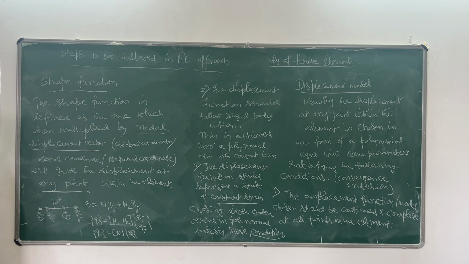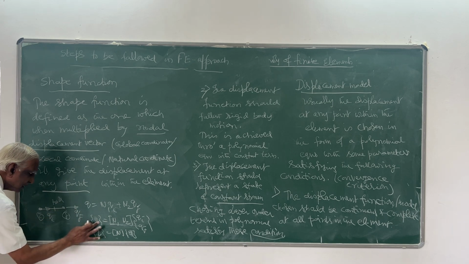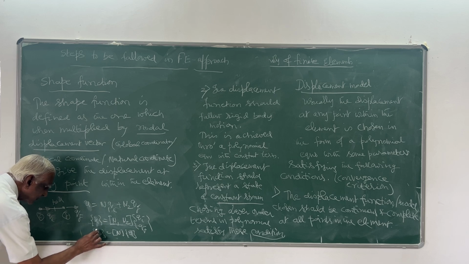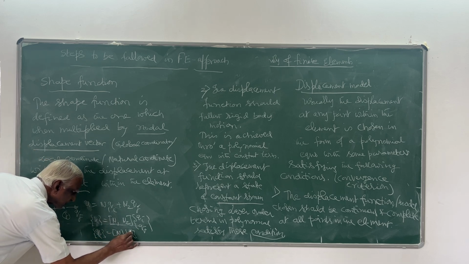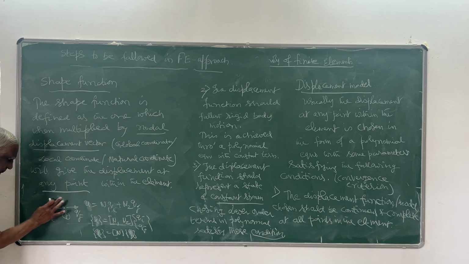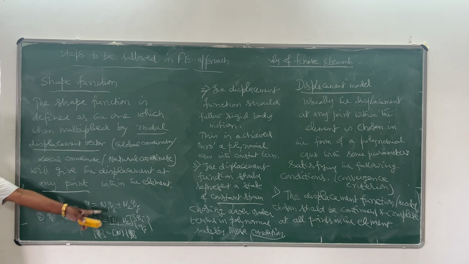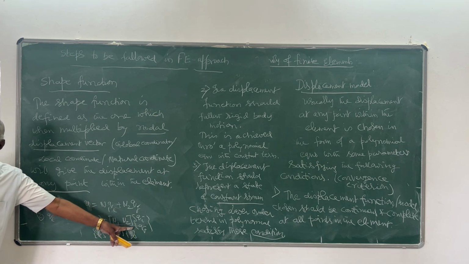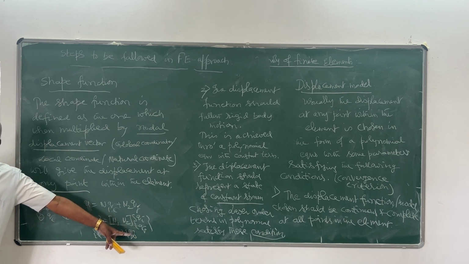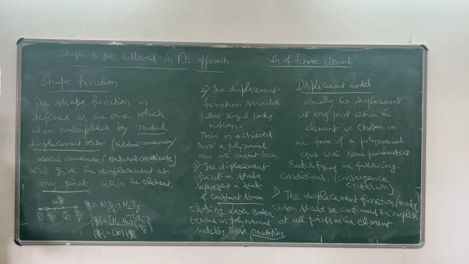At any point, this I will call U or Q, the displacement at any point, in terms of the nodal displacement vector, where Q is Qi, Qj, or Q1, Q2, Q3, Q4, like that, whatever it is.